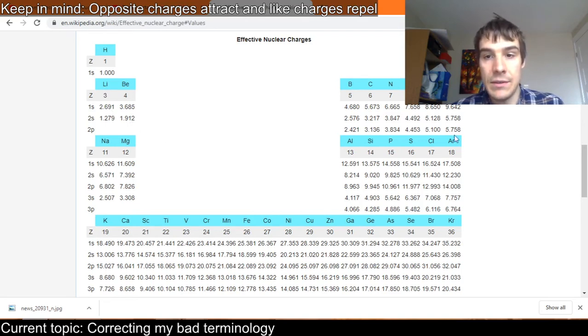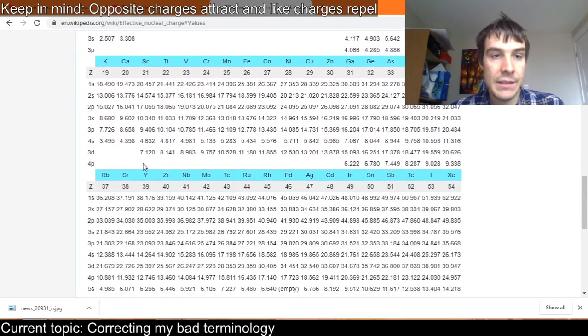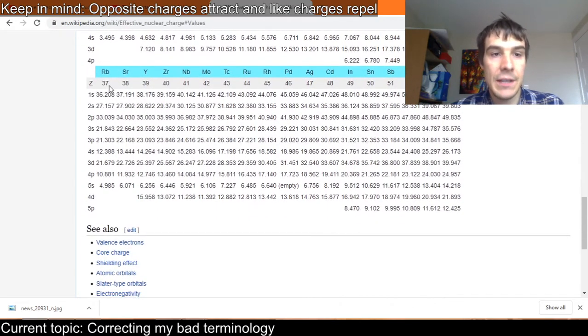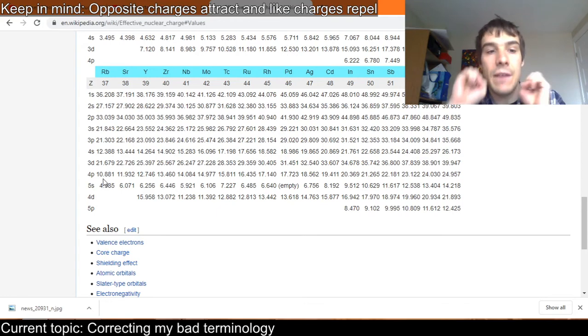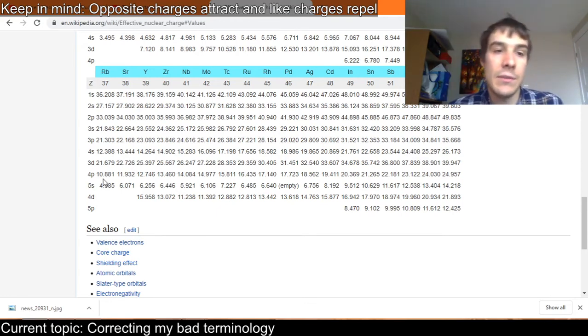And it goes on and on. It gets really crazy when we get down into stuff like rubidium, where it has 37 protons, but the outer electrons in that 5s shell are only feeling the effective charge of 5 of those 37 protons. Compare that to something like iodine, all the way on the other side, where the outer electrons are feeling the effective charge of 11 of those protons.